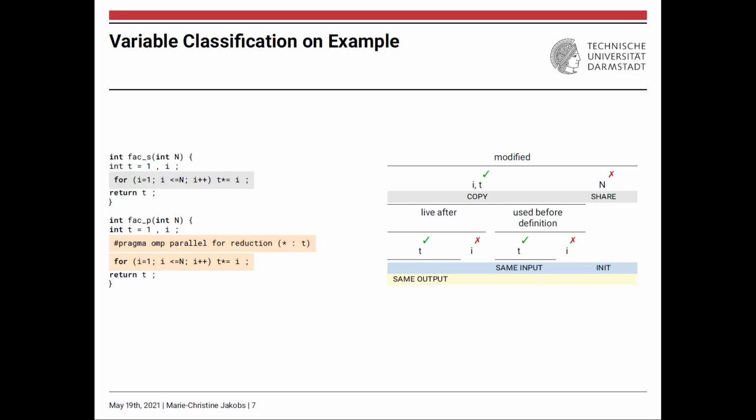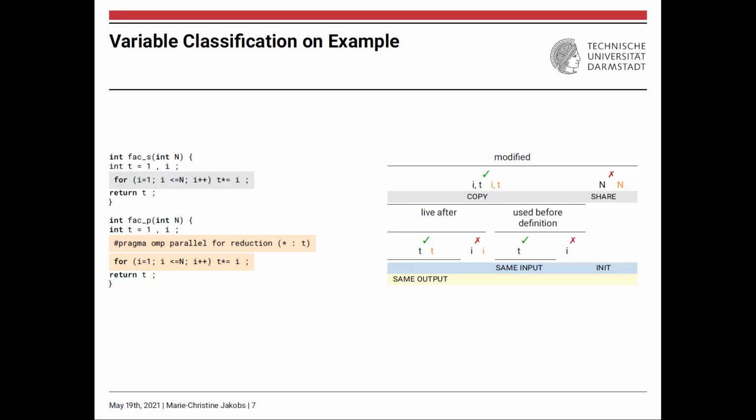Next, we see the parallelized program where we just added an OpenMP directive allowing us to execute the loop iterations in parallel. So again, since this is basically the same program plus the OpenMP directive, we see that variables i and t are modified. Variable n is not modified. Again, we identify that t is live because it's used in the return statement.